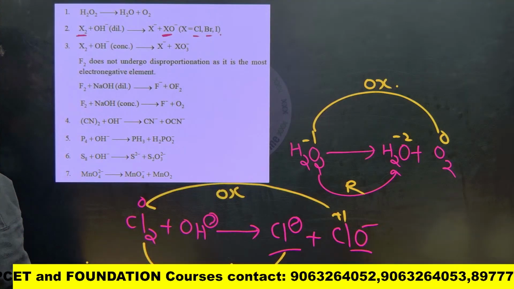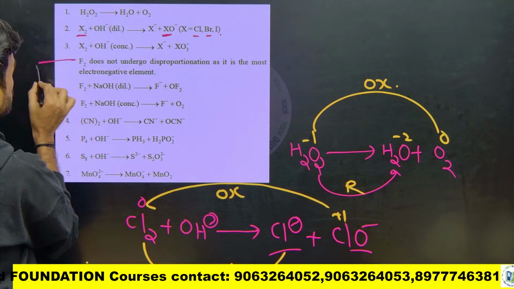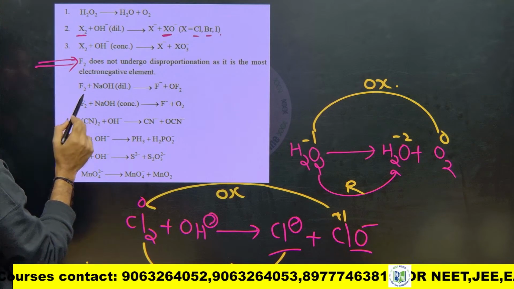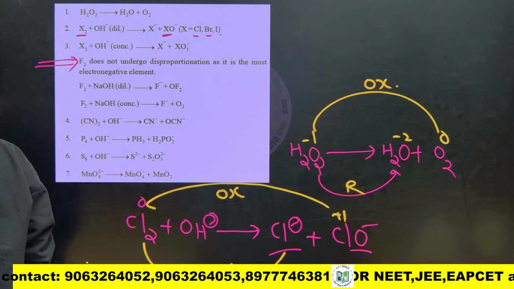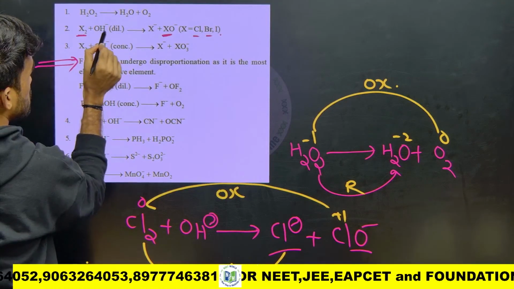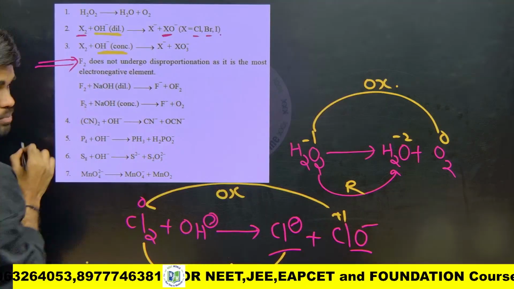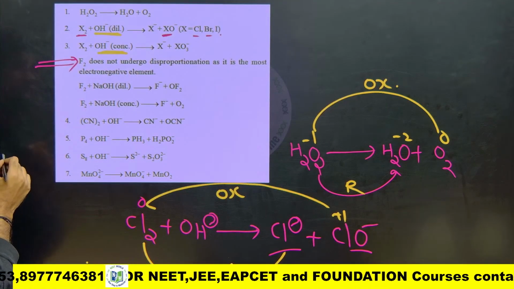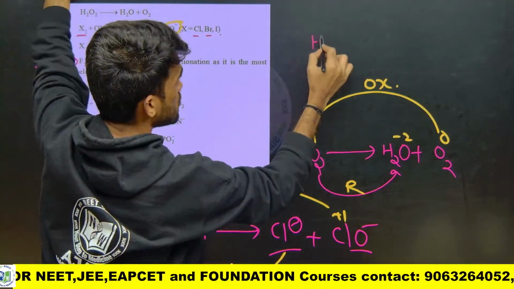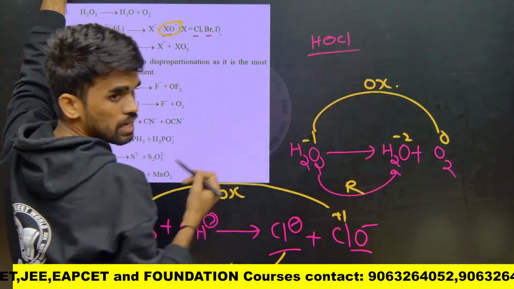Again, you can look at this point. Again, these reactions are JEE Advanced questions. Here you can see this kind of differences, dilute and concentrated, mentioned. So what makes the difference? In dilute base, if I use chlorine, we will be getting OX, like HOCl, hypochlorous acid.